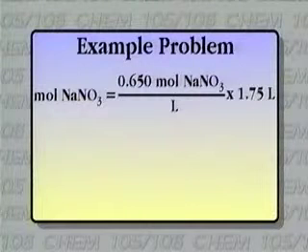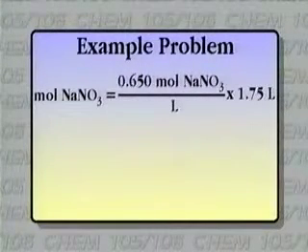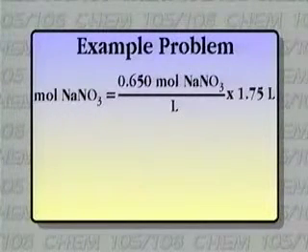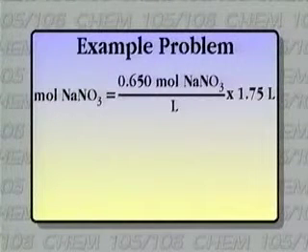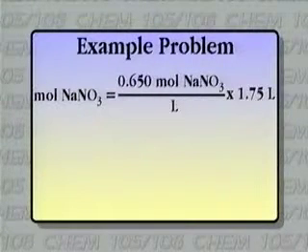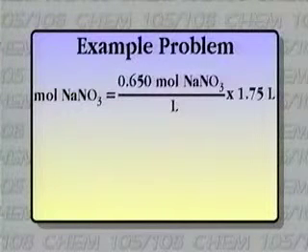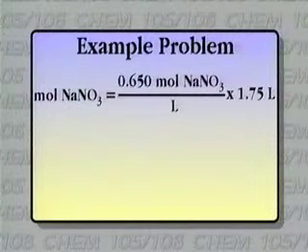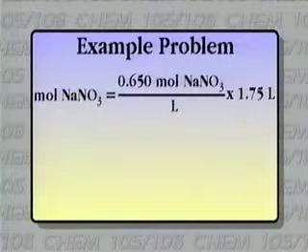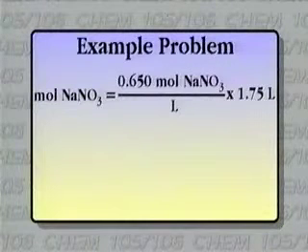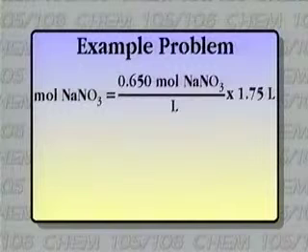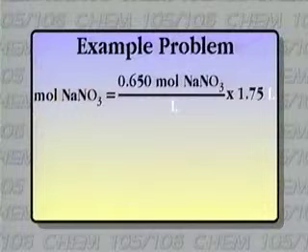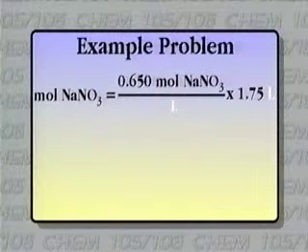So, how are we going to determine the number of moles if we are starting with a solution that has 0.650 moles of sodium nitrate per liter of solution, and we have 1.75 liters of that solution? If we multiply those two, what do we have left for units? Moles of sodium nitrate, which is what we wanted to calculate.